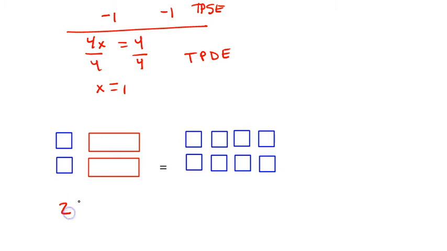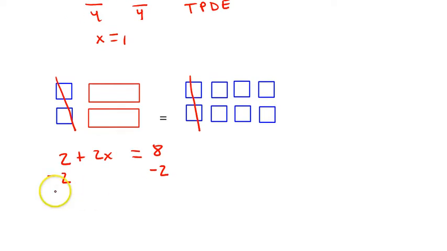I have 2 plus 2x equals 8. I'm going to take away these 2, which means I need to take away 2 over here. So I'm subtracting 2 from both sides. Again, I'm undoing in the opposite order I would do. I'm left with 2x equals 6.